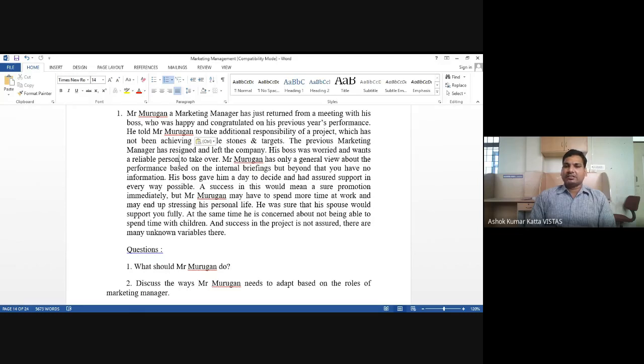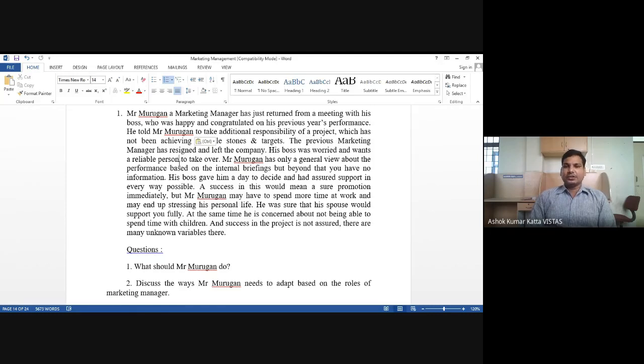Because they know very well, they won't give important roles to everybody just like that. They trusted you and believed in your performance. That is what they mentioned at the beginning of the case study: Mr. Murugan had just returned from a meeting with grand success, congratulated for his work in the previous year.